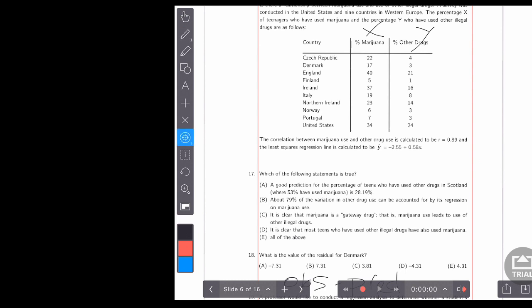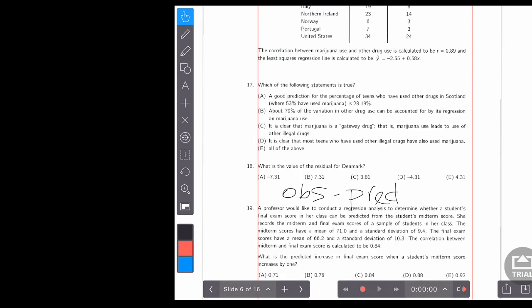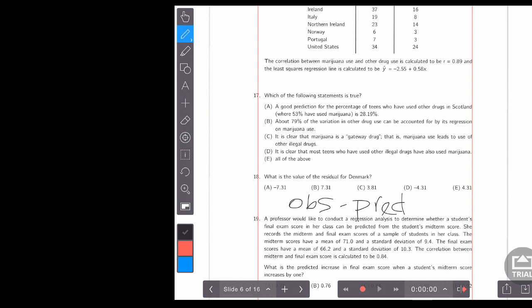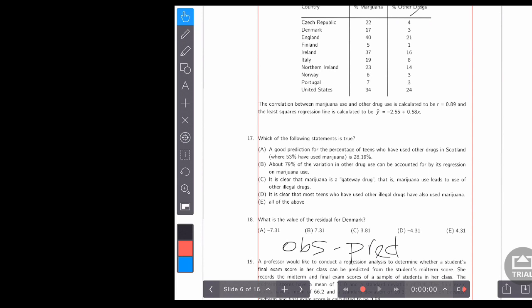So Denmark's 17. X is 17, and what else? What is y? X is 17, and y is 3.